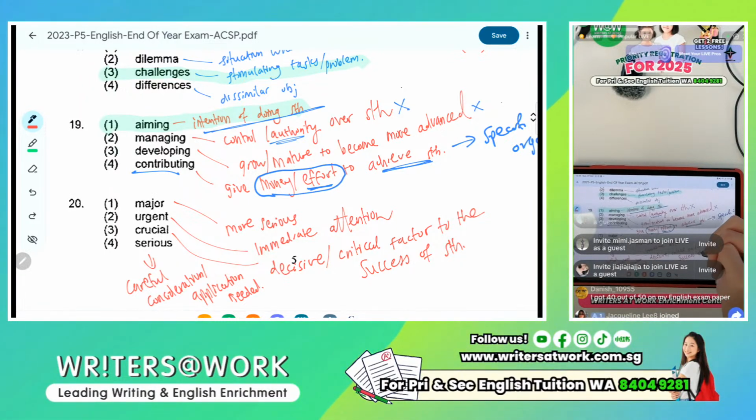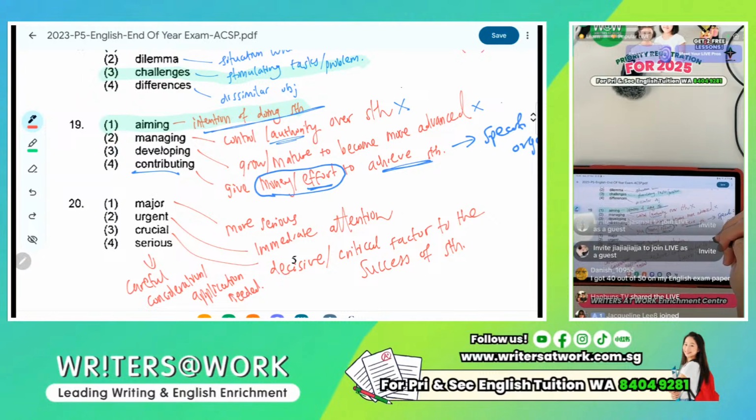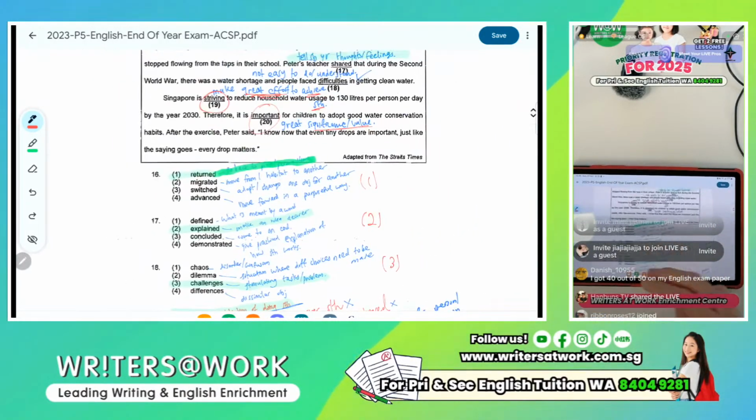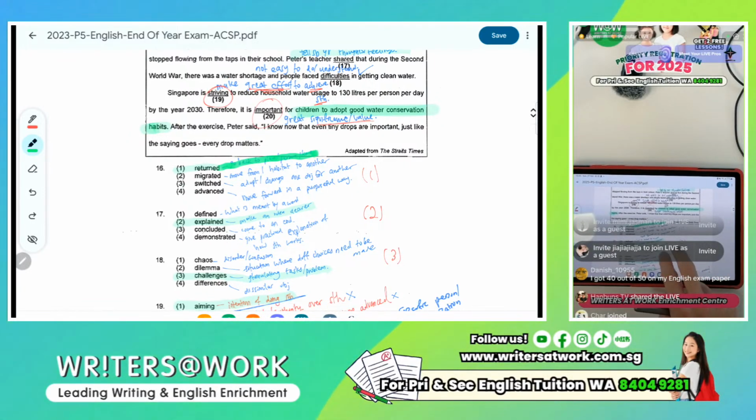All right. So for this question here, we are looking at how children need to adopt good water conservation habits, and this is very important or very significant.